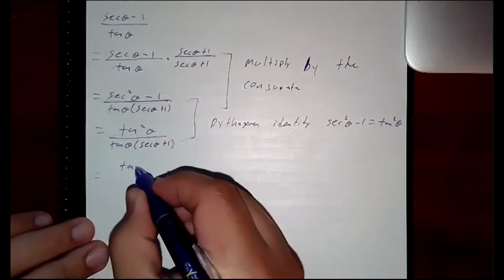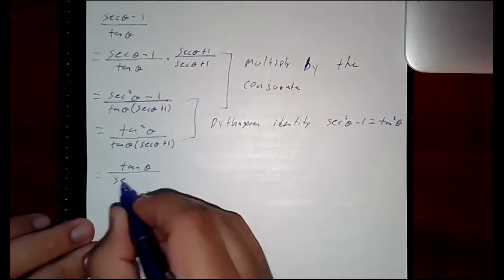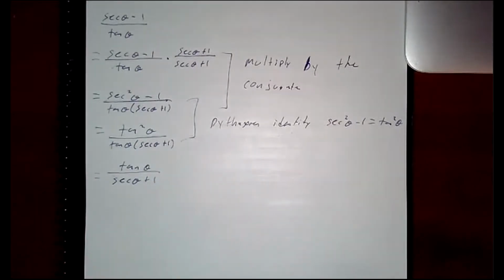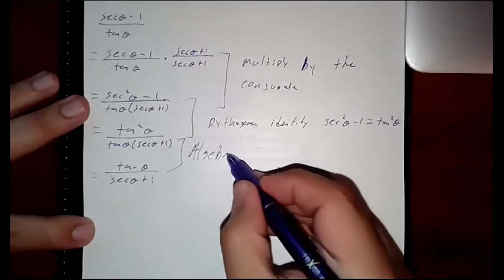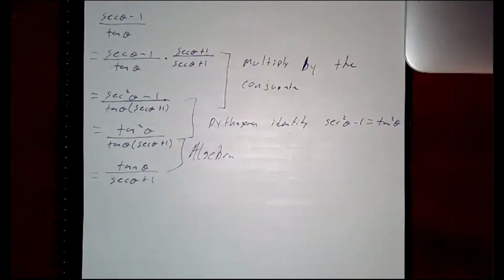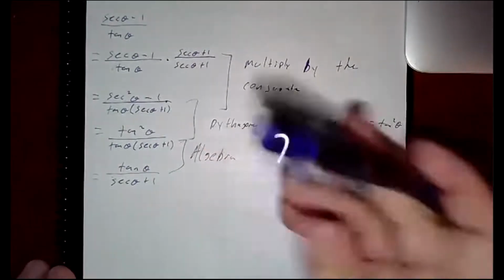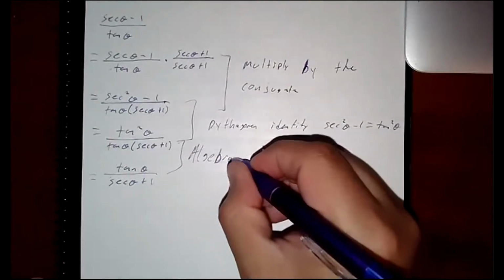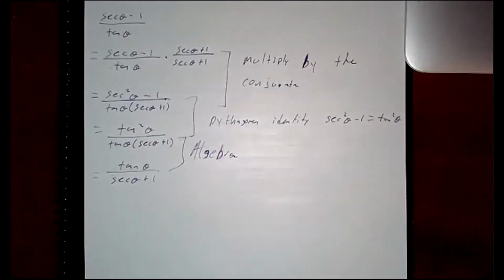So we'll be left with tangent theta over secant theta plus 1, which is what we wanted to show. That was just algebra, right? Nothing special, right? Any questions about this problem?